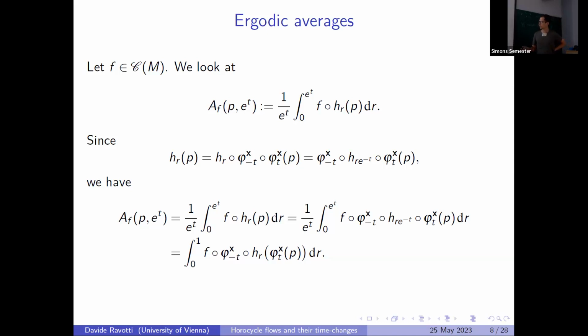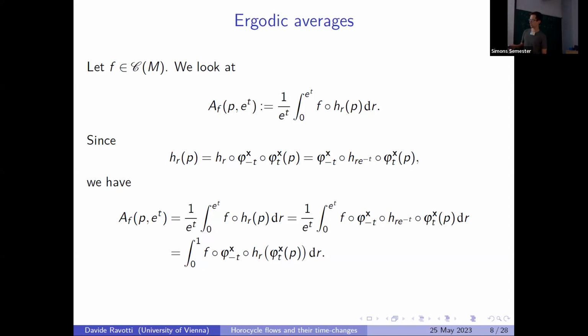So if r was going from 0 to e to the t, now my integral goes just from 0 to 1 of f composed with phi to the minus t of h_r prime at the point phi t of p. So what have I done? I've taken my horocycle average over a very long horocycle orbit, and I'm rewriting it as a very short horocycle orbit.